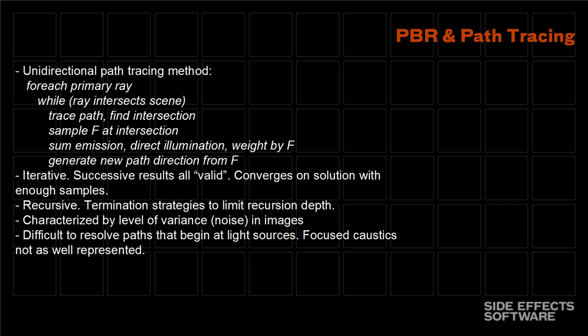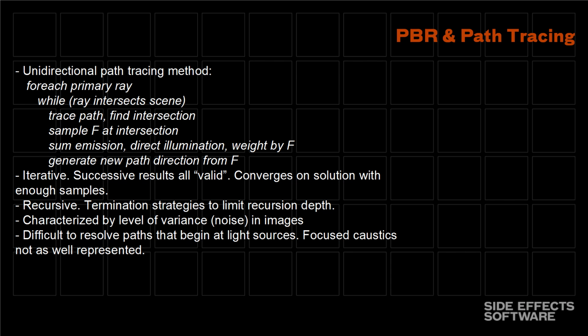The other thing about unidirectional path tracing is because we're starting from the camera, it's difficult to resolve light paths that begin at the light sources. And so if you have a light source that's concealed or embedded, occluded by something, it's unlikely that on the random sampling we'll end up back at that light source. And so focus caustics depend quite a bit on light-centric paths.